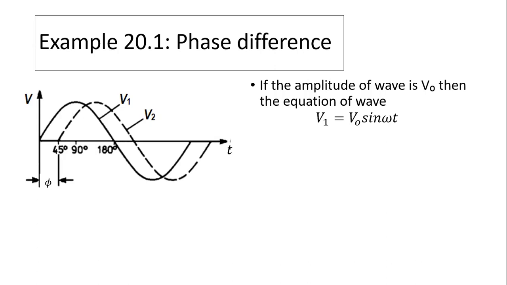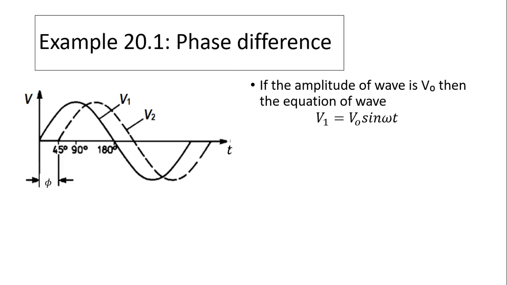V1 starts at 0, this one starts at 45. You have to convert your 45 degrees to radian. So V2 equals V naught sine, bracket, omega t minus 45 degrees in radian.